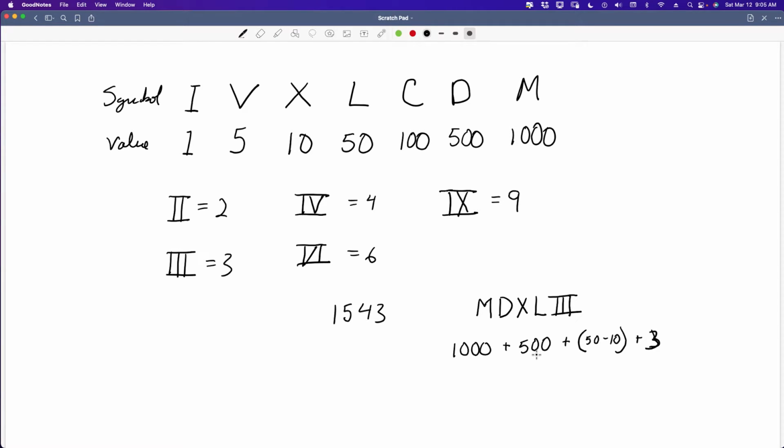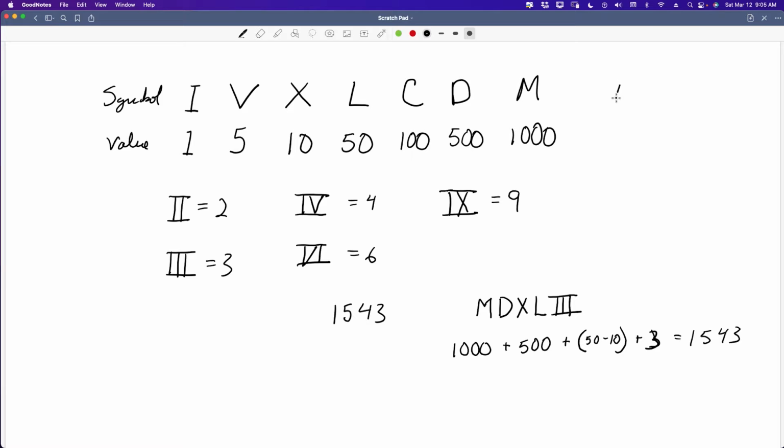It was a method of addition and subtraction combined that would give them the result they needed. So that's how they would have written 1,543: MDXLIII. All right, so those are the symbols and how they would use the Roman numerals.